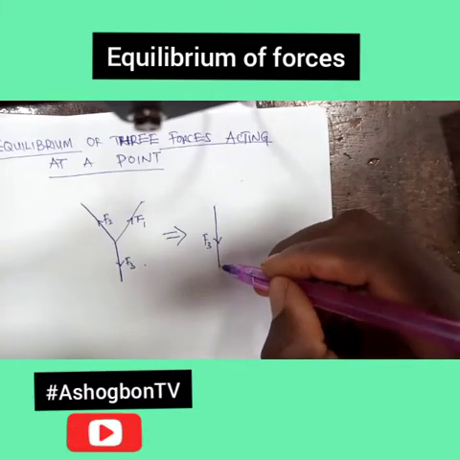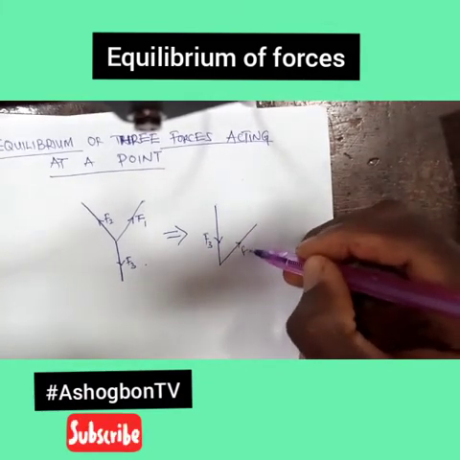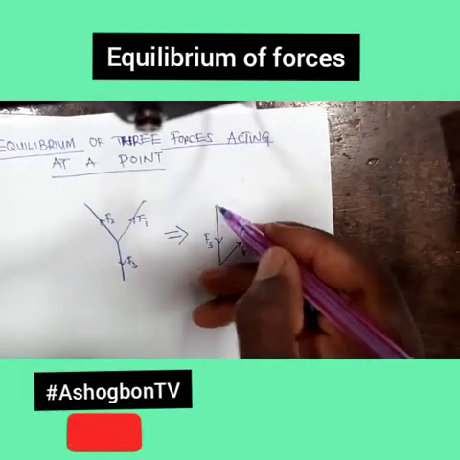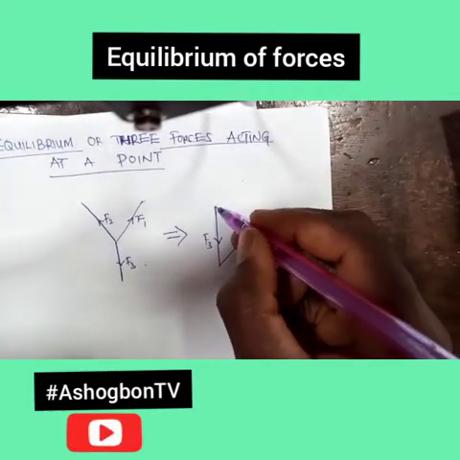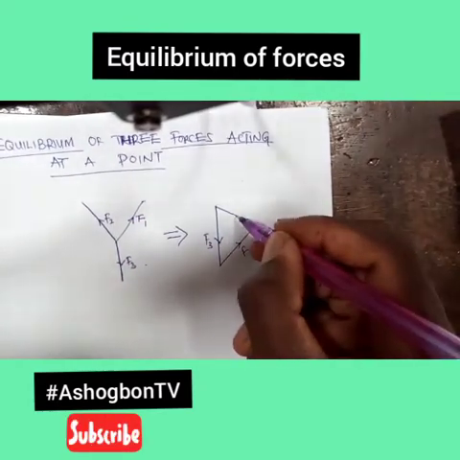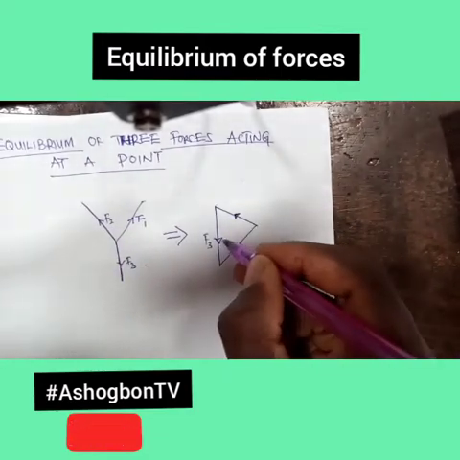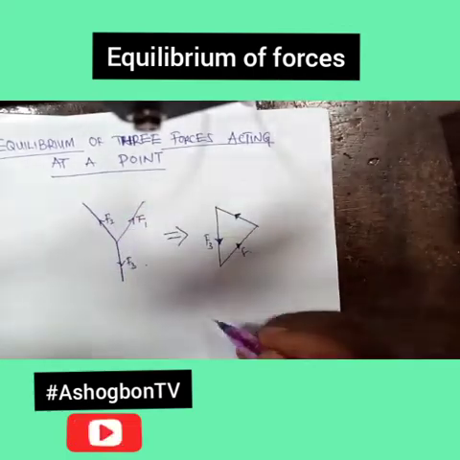But what if I put it here? Okay, I have what? The F3. Good. Then let's see F2. Look at F2. F2 is going this way. Oh, great. So if I put this here, you will see that I will look at the direction. Very, very important. You will see that I have succeeded in forming a triangle from this diagram.